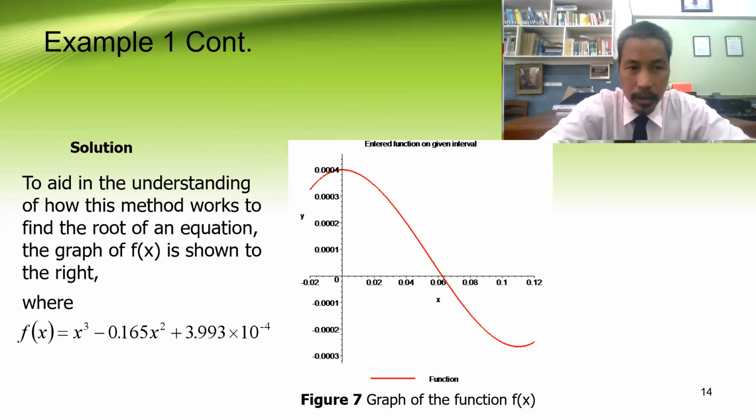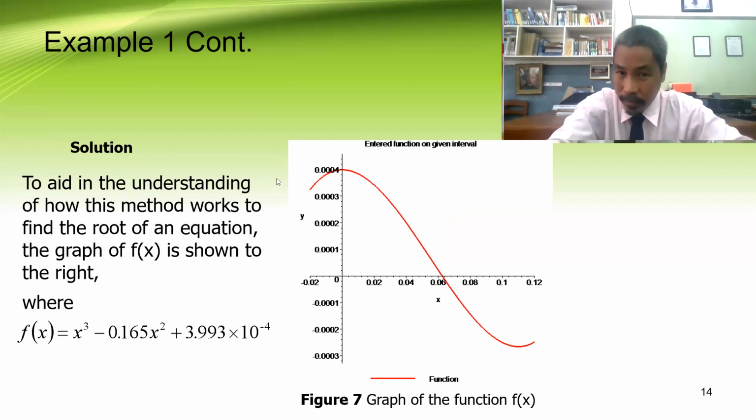To aid in understanding of how this method works to find the root of an equation, the graph of f(x) is shown to the right. What is the function? f(x) is equal to x cubed minus 0.165 x squared plus 3.993 times 10 to the negative 4. If you graph that equation, the red curve here is the function. You can use Excel or you can do it manually.